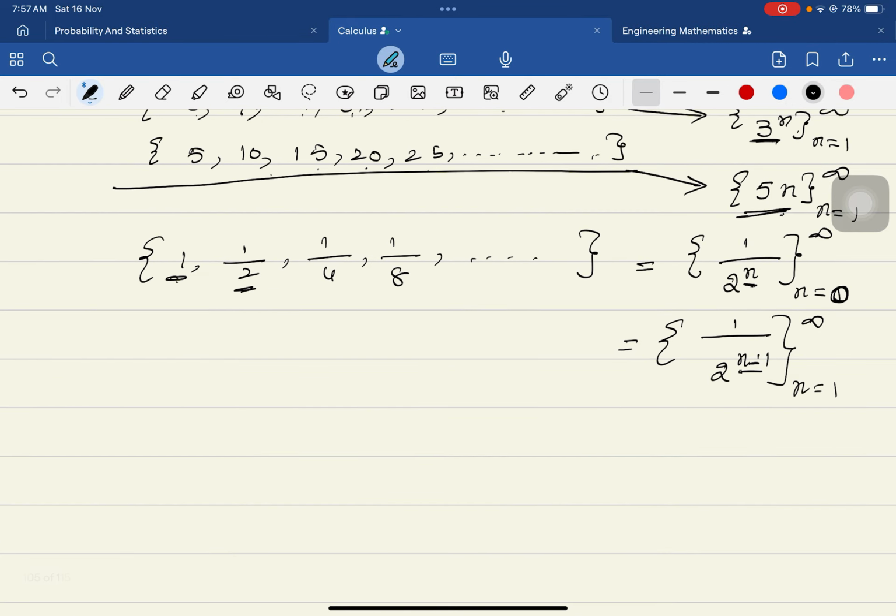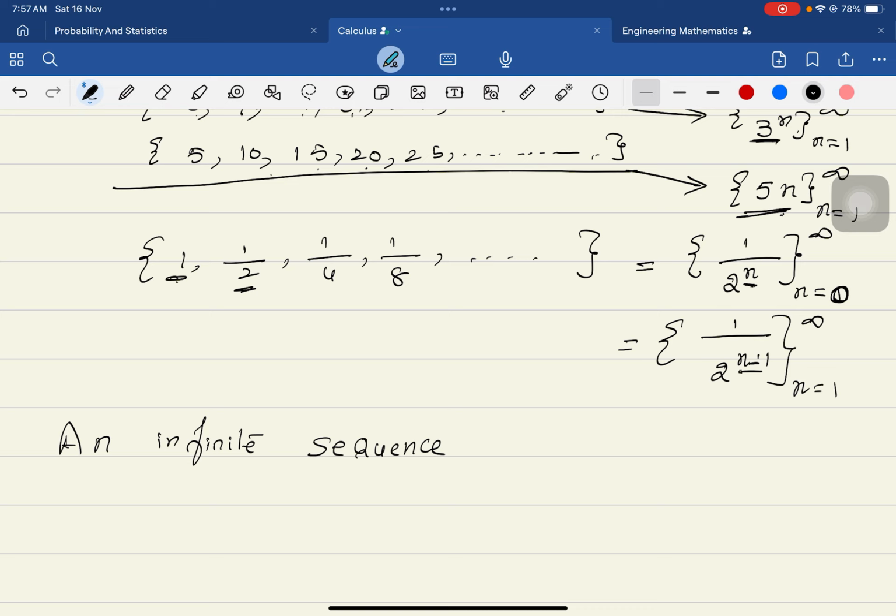The sequence is nothing but the set of ordered numbers, where you have to write down the numbers. So that means what? You can say that an infinite sequence, first of all I am talking about the sequence, okay?